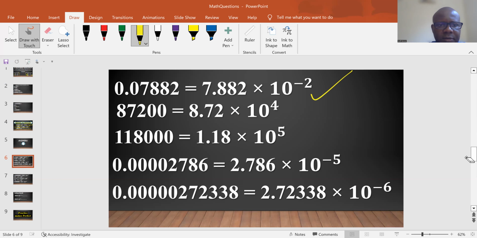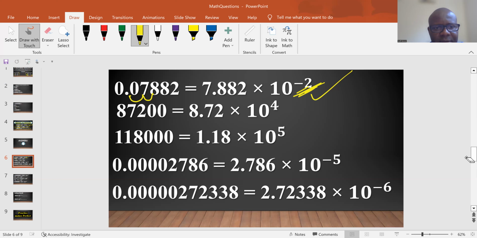You have to understand that you'll move the decimal here 2 times to the right, and because it's right, the power has to go down. The reason we have -2 as a power.